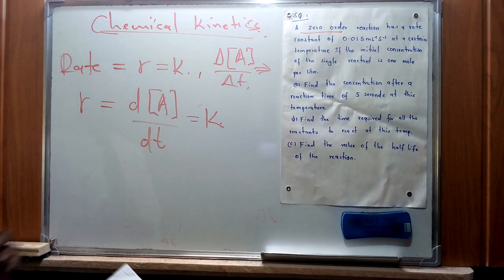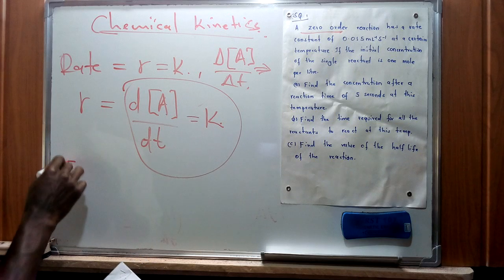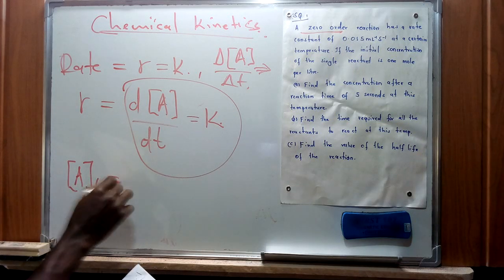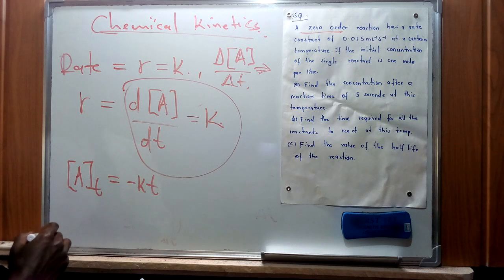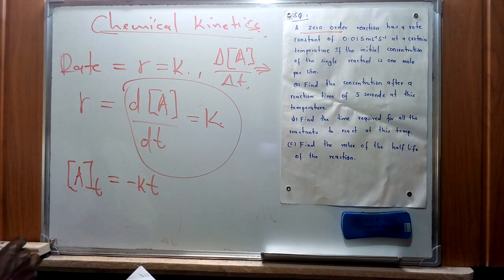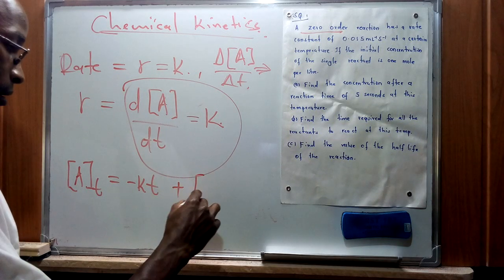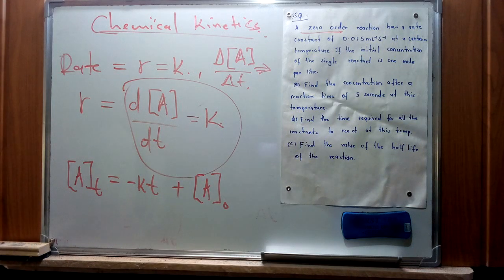So in the integral form, this equation translates into [A] at time t equals negative kt. We said the implication of that negative sign is a decrease in concentration, plus the initial concentration of that specific reactant.